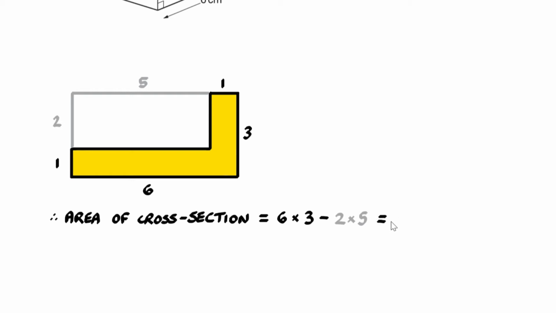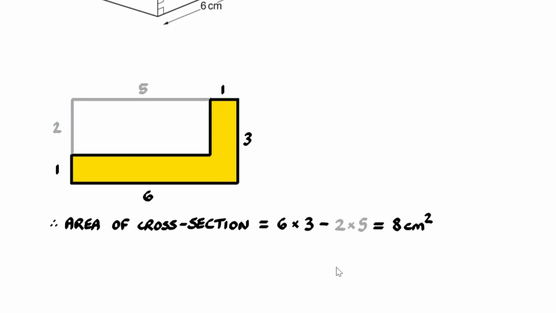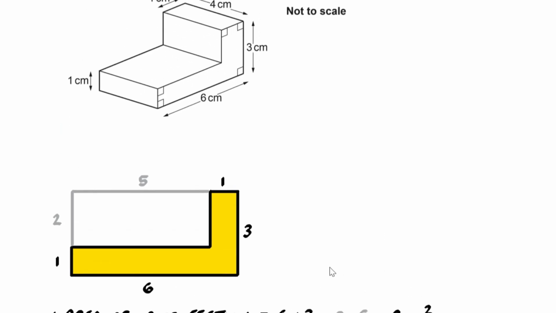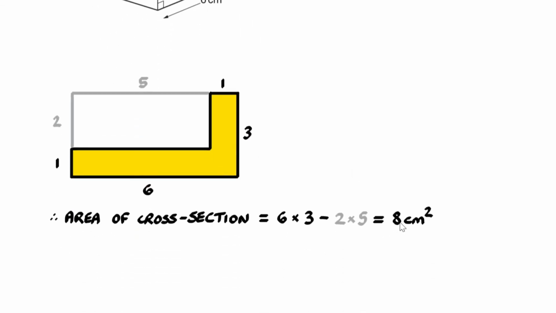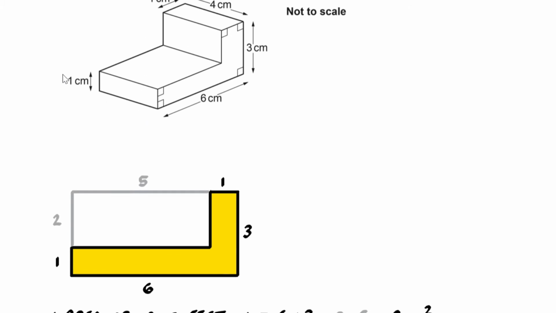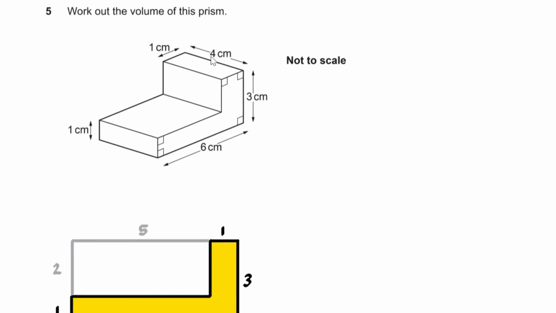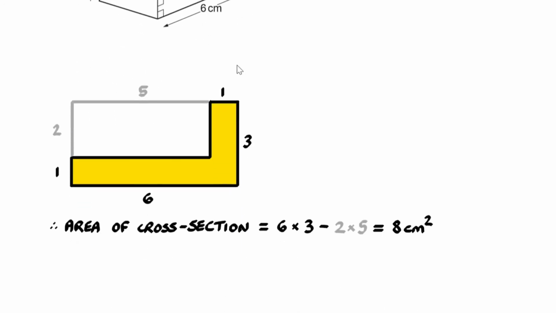So we have the area of the cross section equaling 8 centimeters squared. Now to find the volume, we need to multiply the cross-sectional area by the depth of 4 centimeters.